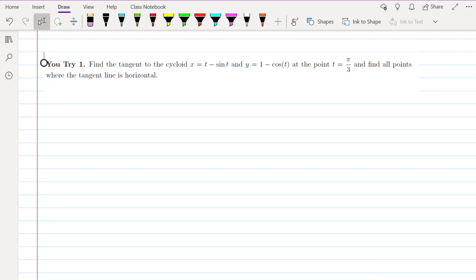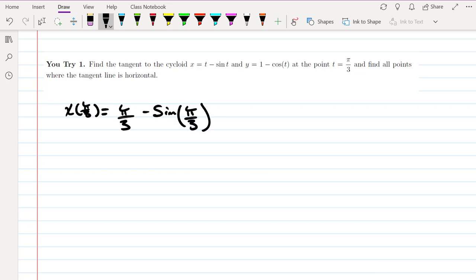So to find the tangent of our cycloid at the point t equals pi over 3, we actually need to find that point. So we have x of pi over 3 is equal to pi over 3 minus the sine of pi over 3.